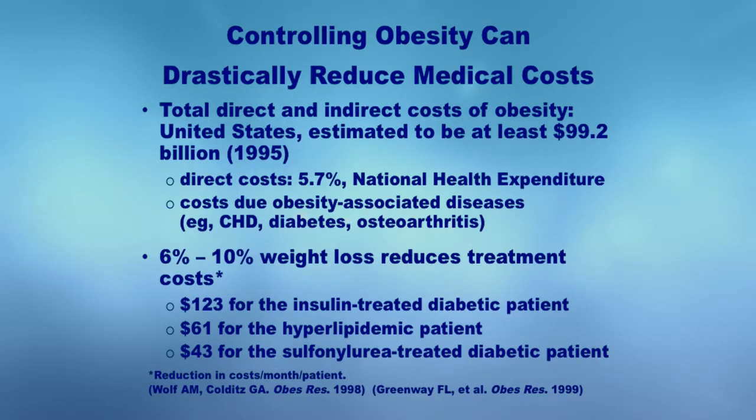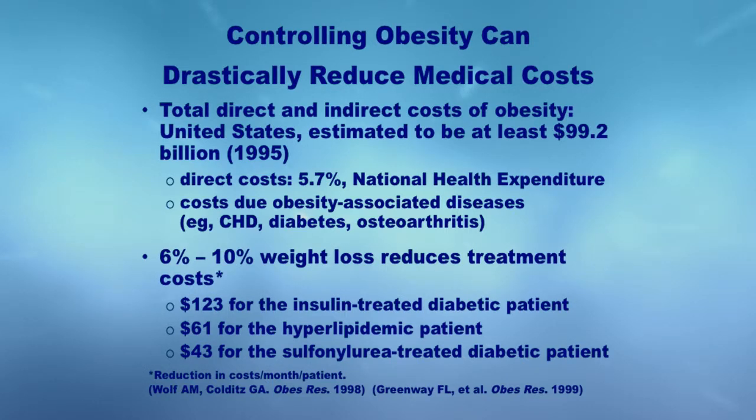But they actually did good prevention measures, and they spent money trying to prevent obesity. From that study, they found that the direct cost is 5.7%, and the cost due to obesity-associated disease like heart disease, diabetes, and osteoarthritis. That means direct cost.